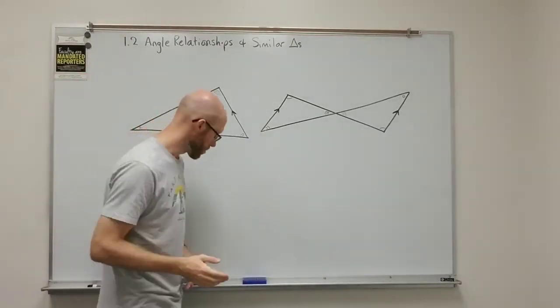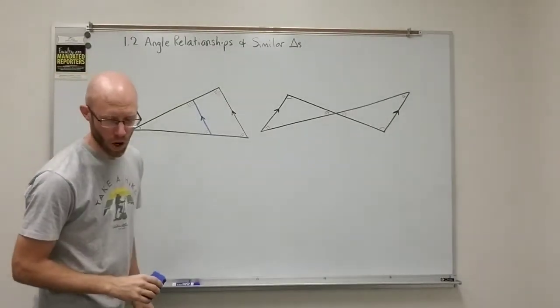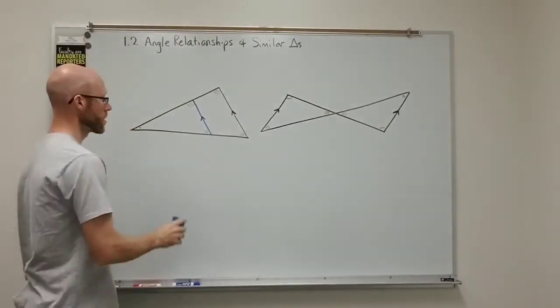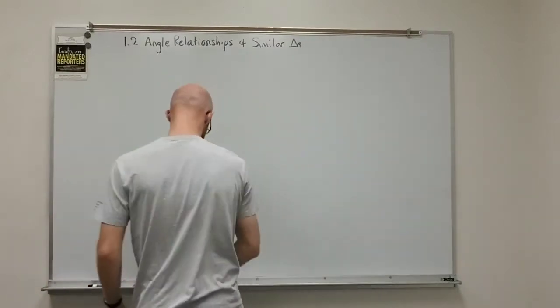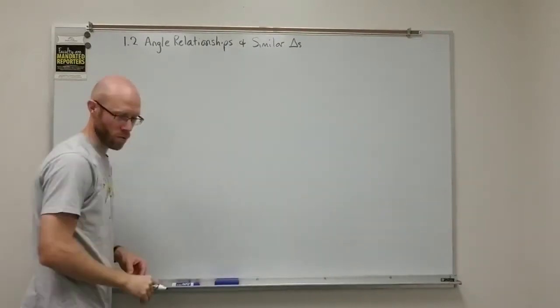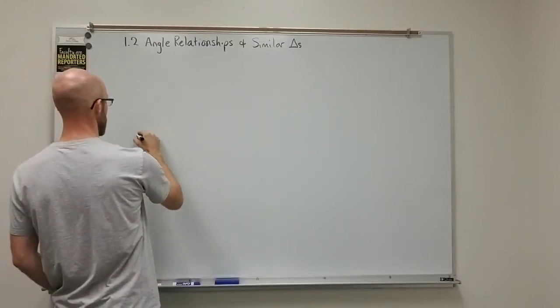Now let me give you an actual problem. We'll work through one problem here, just to get you an example so you can work through the homework a little bit easier. Let's say we had a triangle.